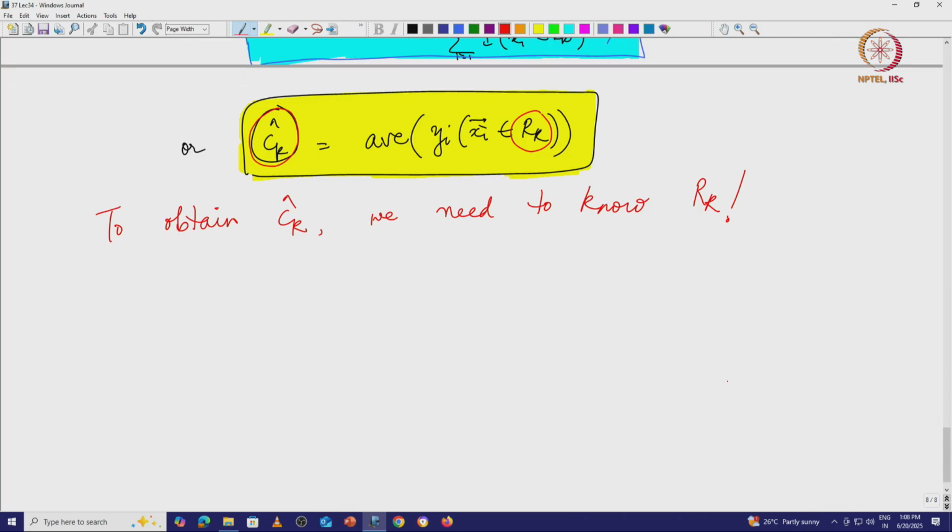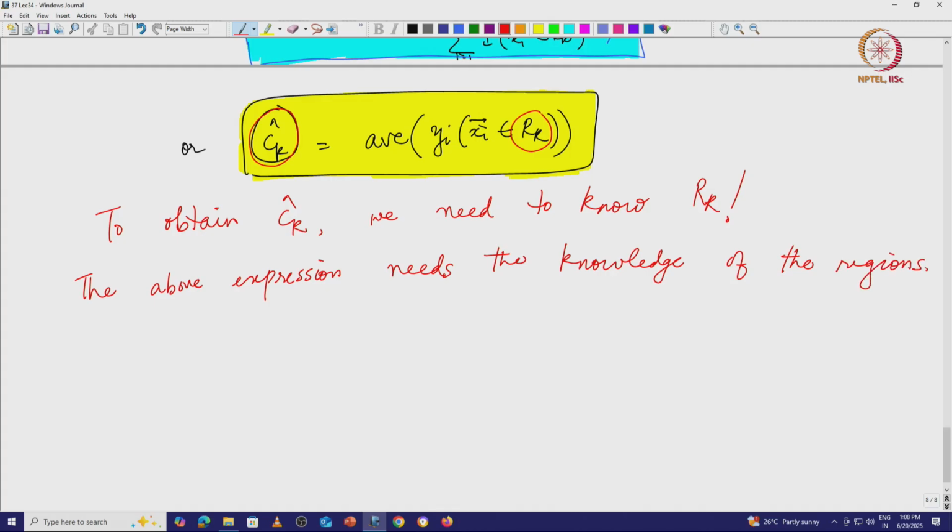So that is unknown. So the above expression needs the knowledge of the regions.